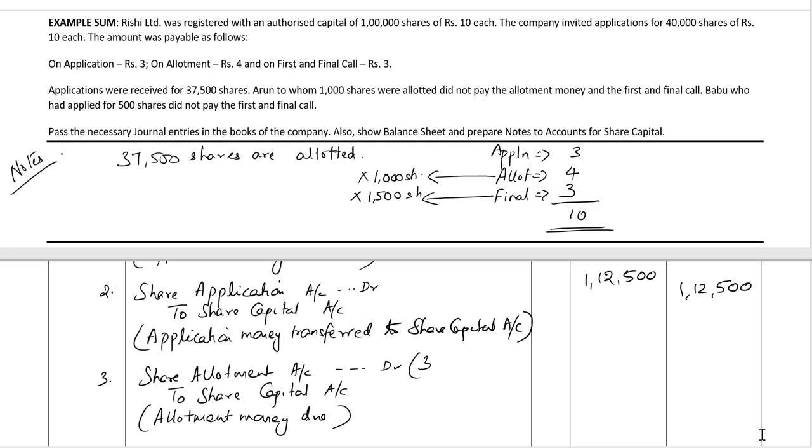The amount of allotment money due is 37,500 multiplied by 4, comes up to 1,50,000 rupees.